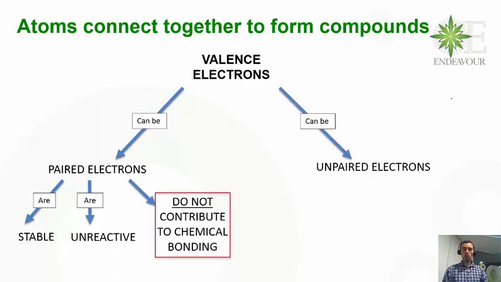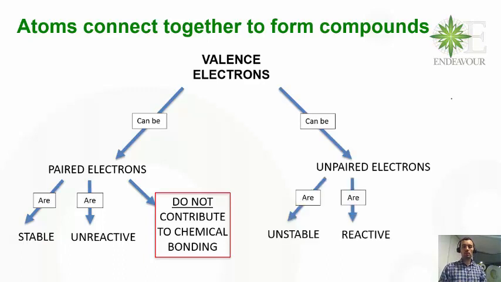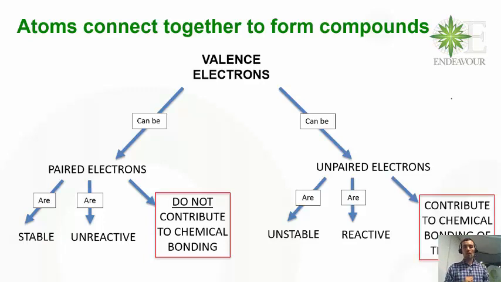The valence electrons we're more interested in are the unpaired electrons, because these ones are unstable and therefore reactive. These are the ones that need to be paired in order for the atom to have a full valence electron shell, which means they do contribute to chemical bonding.